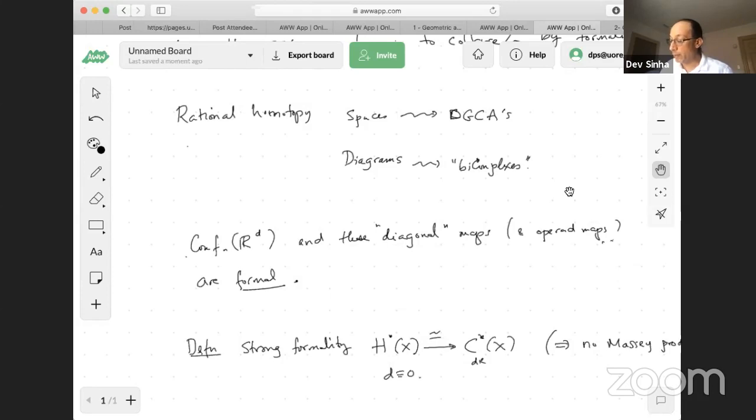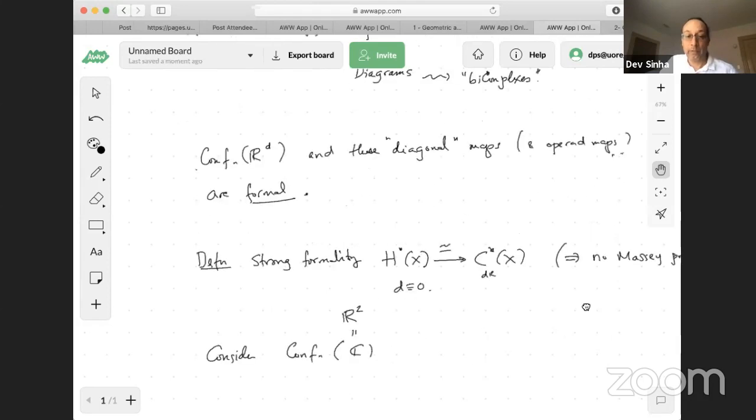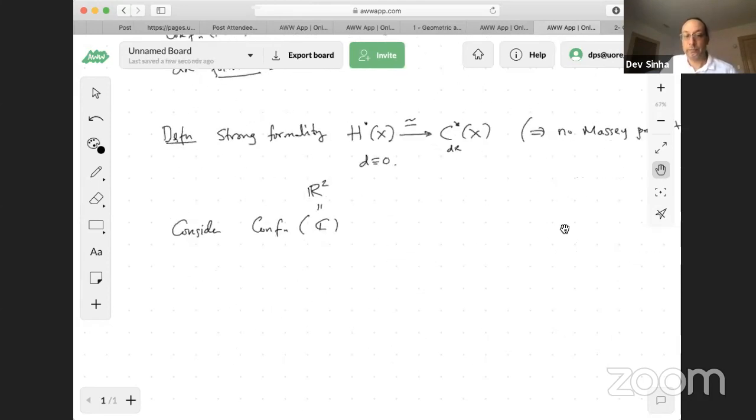Well, it turns out, let's consider configurations of endpoints in the complex plane. We've thought about this as R2 before. It turns out that this, for example, is strongly formal.